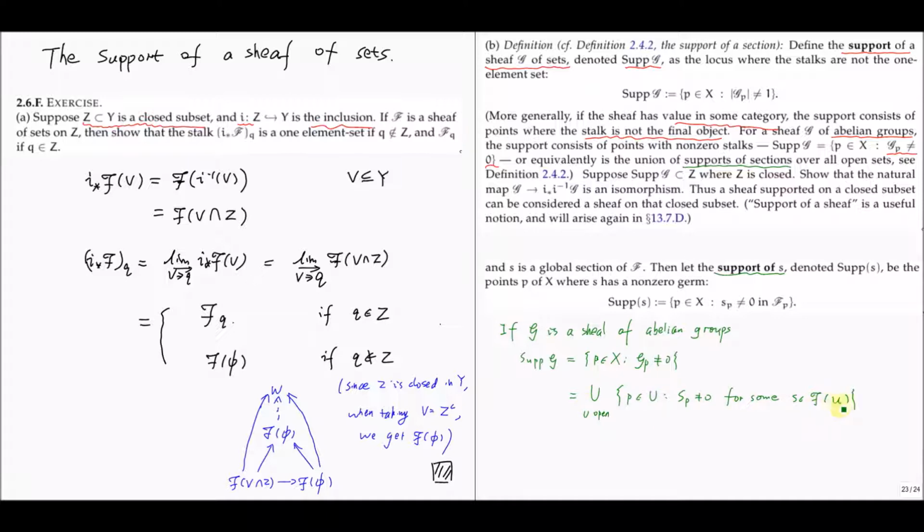And this is equal to the union of all supports of s, where U ranges over all open subsets and s is a section of G of U.